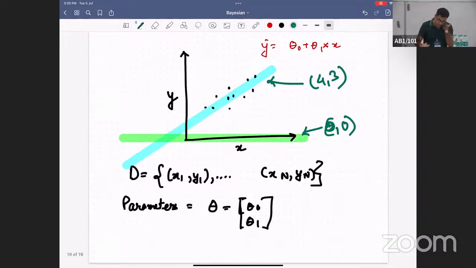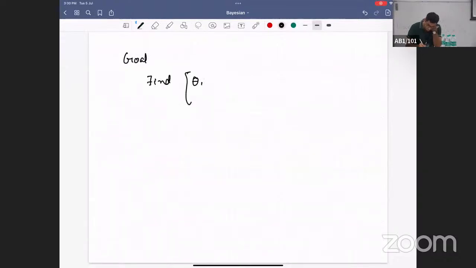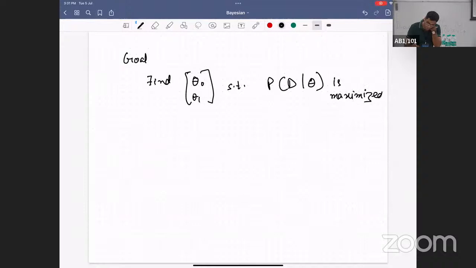So our problem becomes: find theta naught, theta 1 such that the probability of getting the data given the parameters theta is maximized, right?